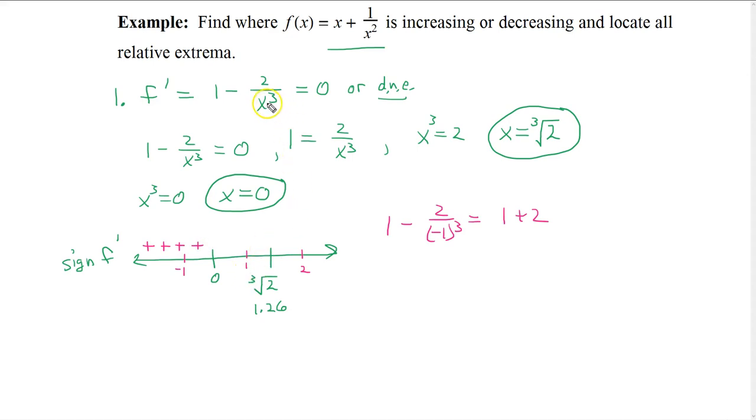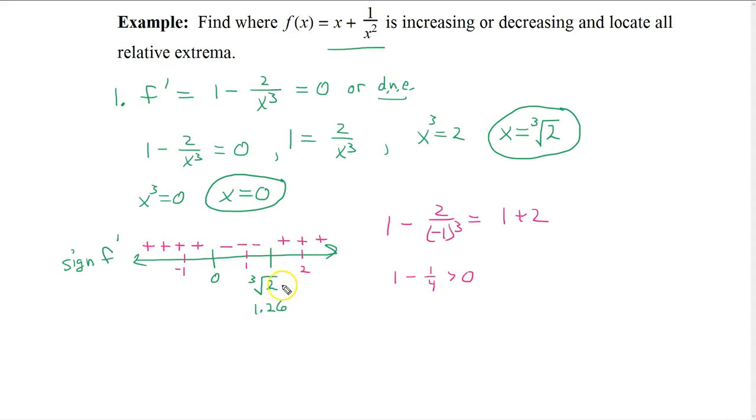Now if we put 1 in here for x, we're going to get 1 minus 2. So that will be negative. And if we put 2 into our derivative up here, we're going to get 1 minus 2 divided by 8. So that's 1 minus 1/4. And of course that's positive. And there we go. So there's where our derivative is positive and negative.